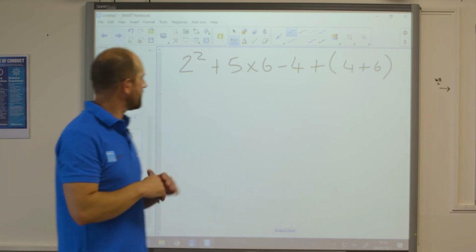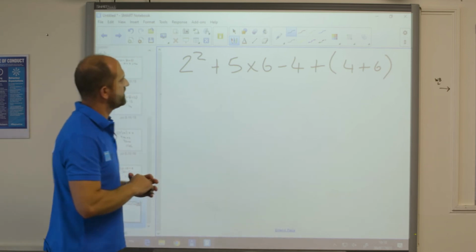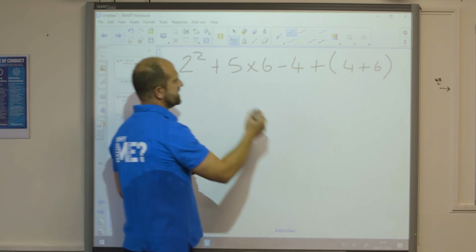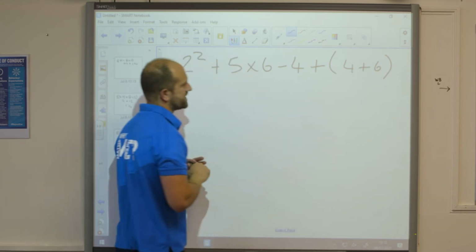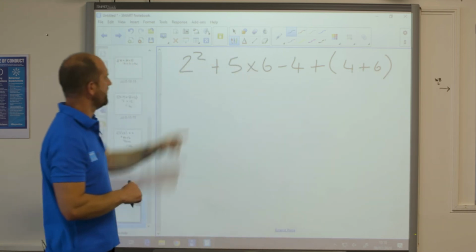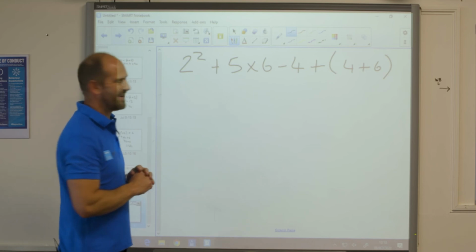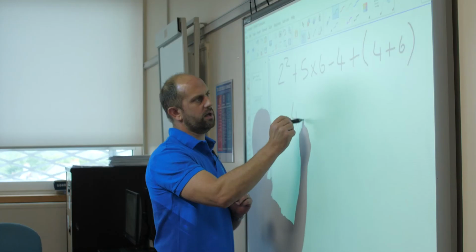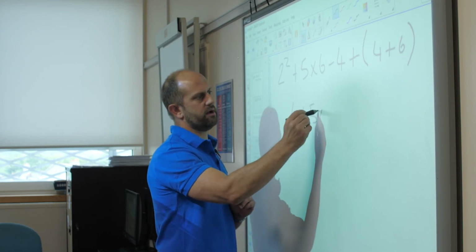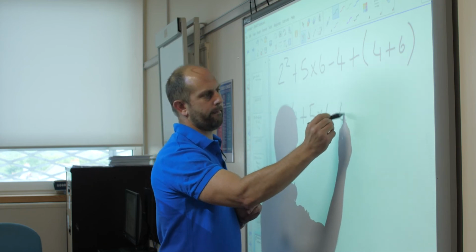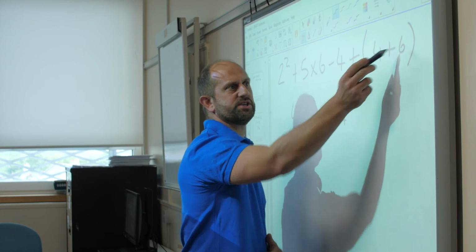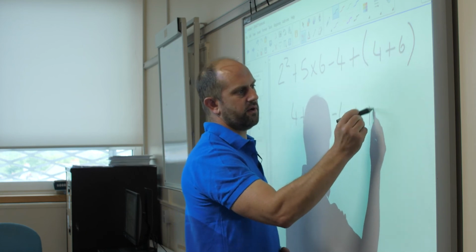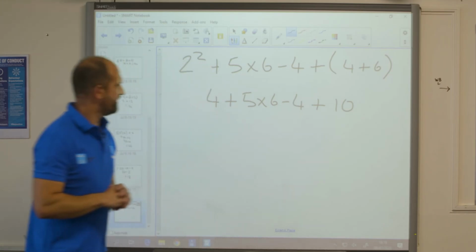So here we've got one that probably works out for every single stage. First things first, I've got a 4 plus 6 there. Well, I know that is 10, and I know that 2 squared is 4. So I can get rid of my indice with a 4. The rest of the sum is still going to stay. And now I know that 4 plus 6 is 10, so I've got a 10 there. So that's my first stage.